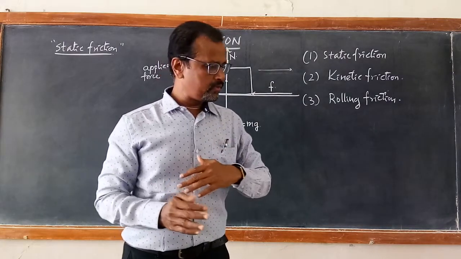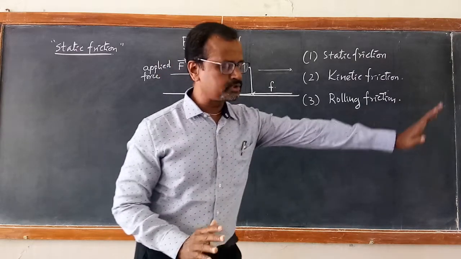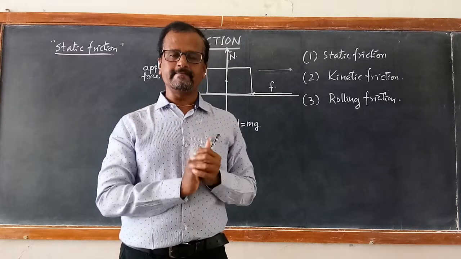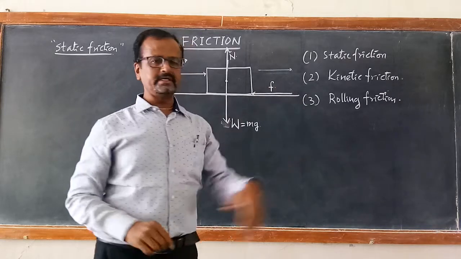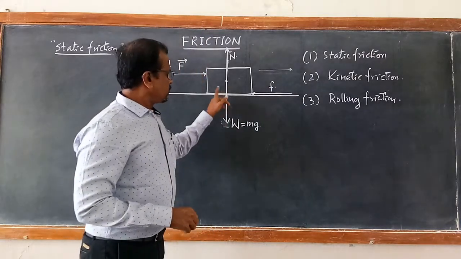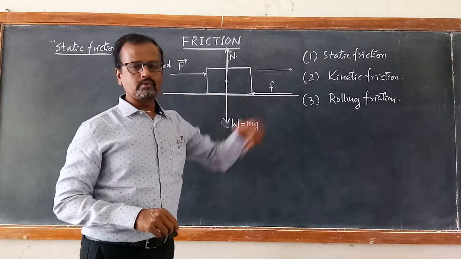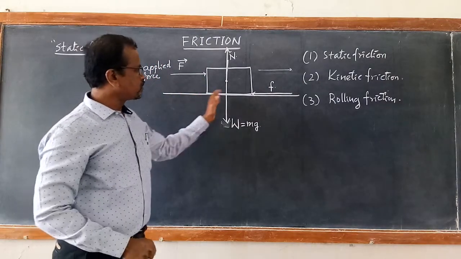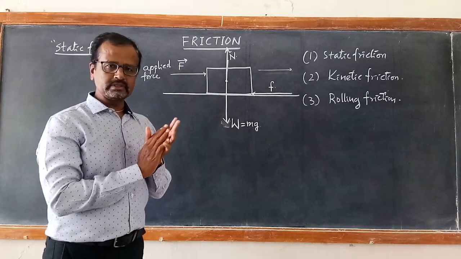If there is no opposite force, the moment you apply force, the object should undergo motion and accelerate with acceleration a. But since there is an opposing force, the body is not set into motion immediately. So if the friction were not there, the body would continue to move under any amount of applied force, and the accelerated motion would be proportional to the applied force according to Newton's second law.